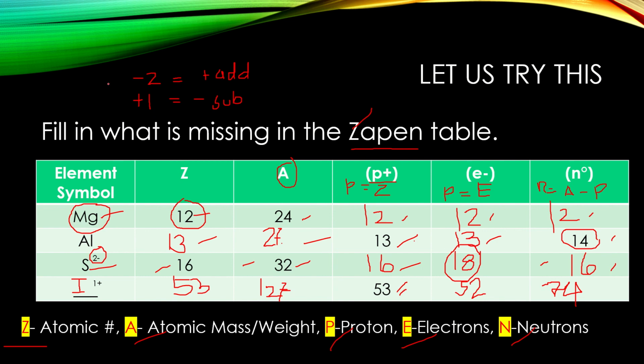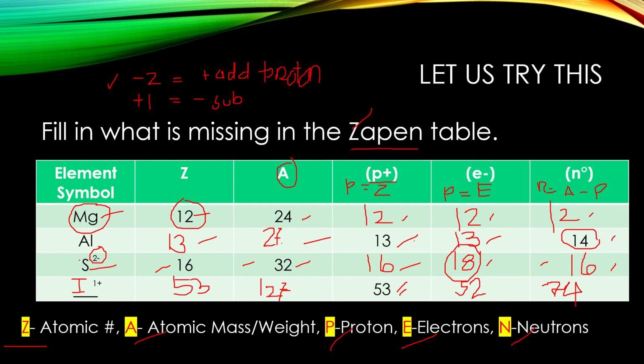So remember, if it's negative, you need to add this charge to the proton. Again, if the charge is negative 2, you need to add the charge to the proton. So the proton of sulfur is 16 plus 2. It will become 18.